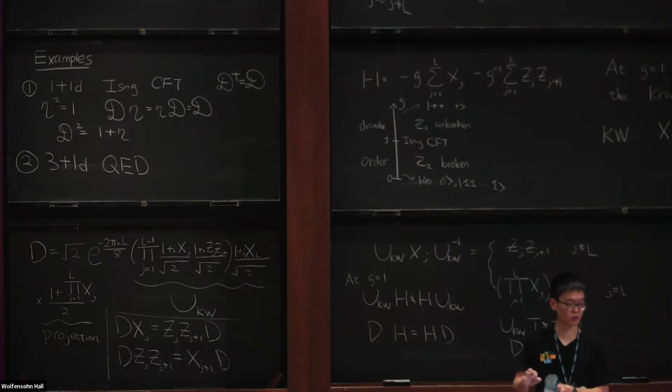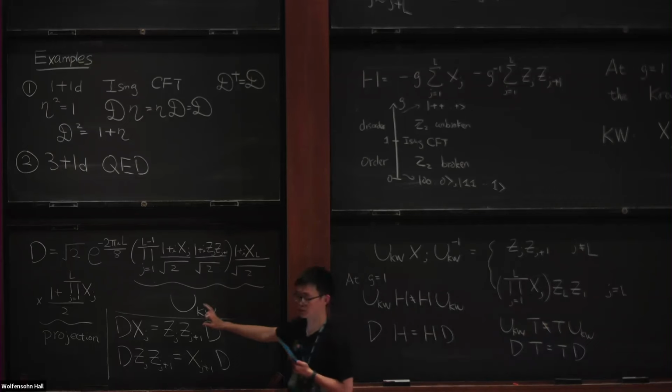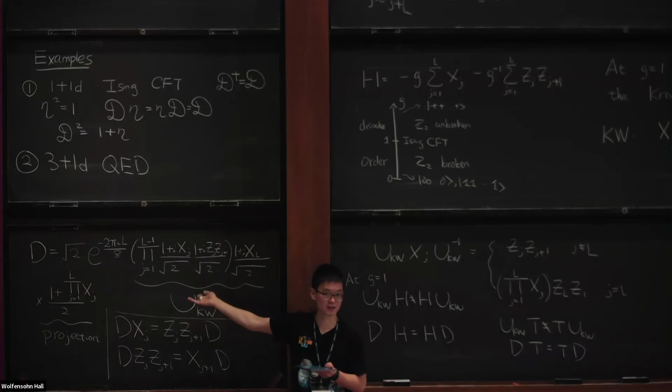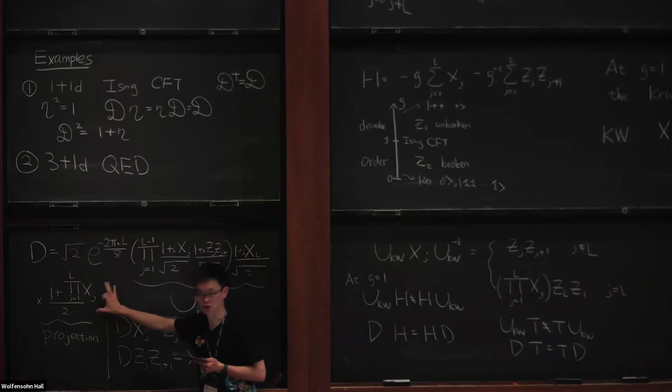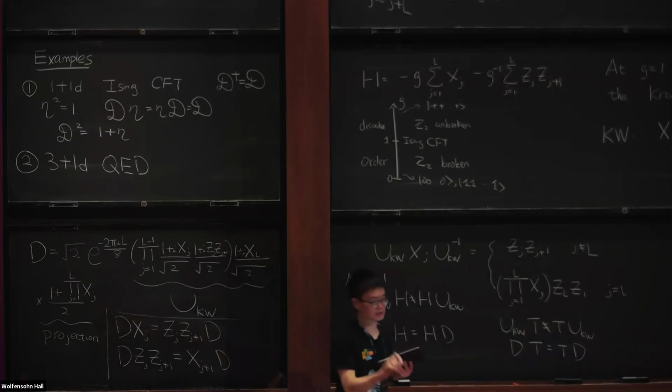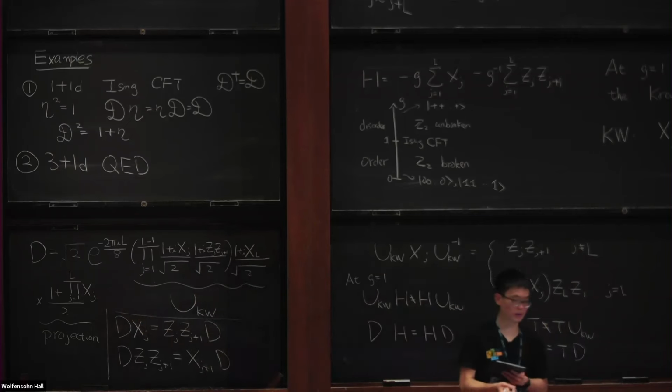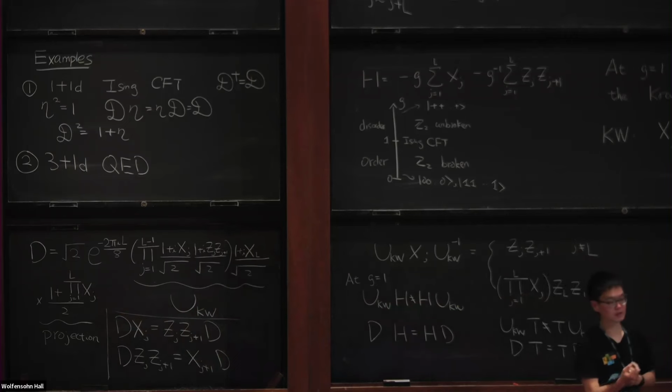And later on, I will provide a different expression for this operator where the translation symmetry is manifest. So you can see that this expression has several advantages. Well, first, it's very explicit, right? It's just a bunch of Paulis, and you can put it into Mathematica if you want to. But it also has a projection operator, which makes it clear that it has a big kernel. The disadvantage of this expression is that it doesn't make the translation symmetry manifest.